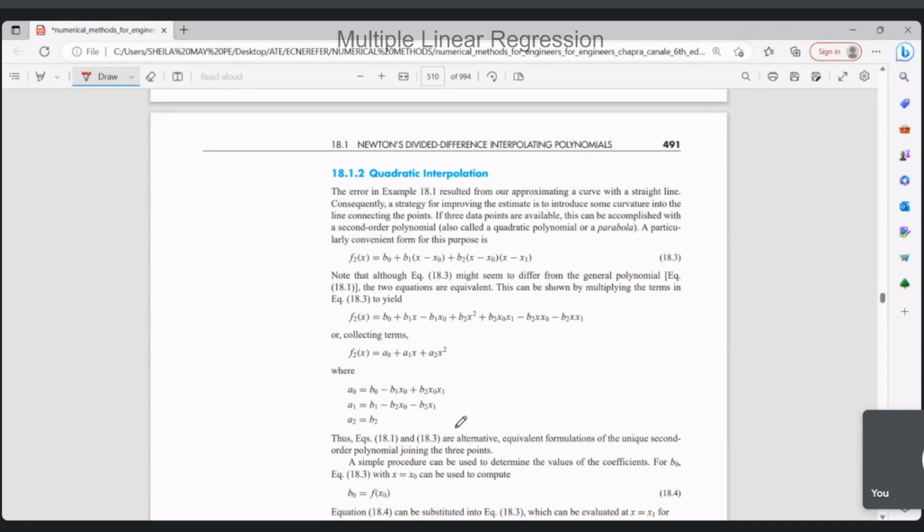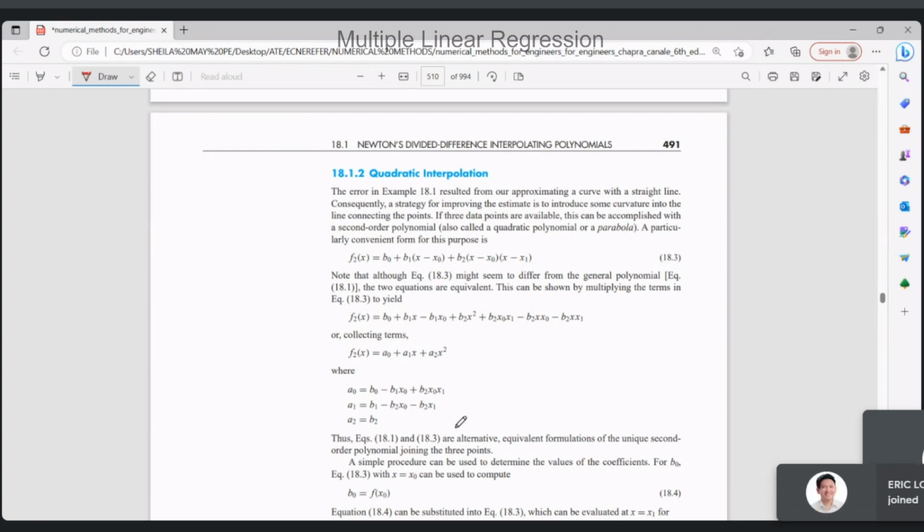A particularly convenient form for this purpose is f2 of x, function of our x, which is equal to b sub 0 plus b sub 1 times x minus x sub 0 plus b sub 2 multiplied by x minus x sub 0 times x minus x1.